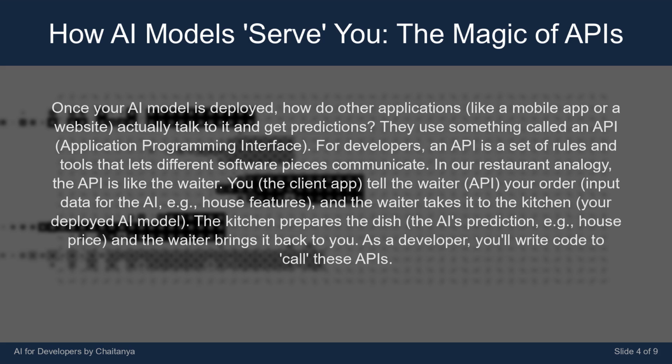You, the client app, tell the waiter, the API, your order, the input data for the AI, e.g., house features, and the waiter takes it to the kitchen, your deployed AI model. The kitchen prepares the dish, the AI's prediction, e.g., house price, and the waiter brings it back to you. As a developer, you'll write code to call these APIs.